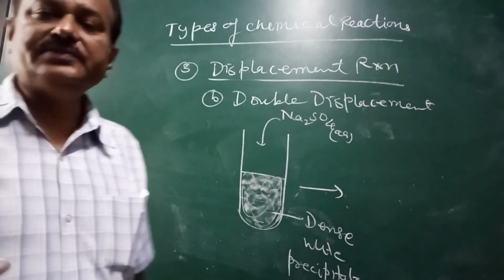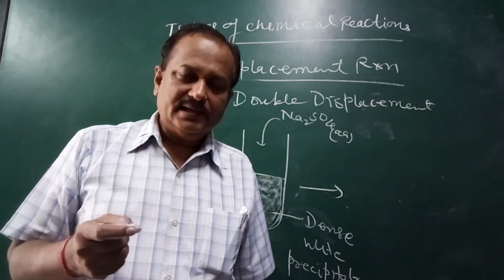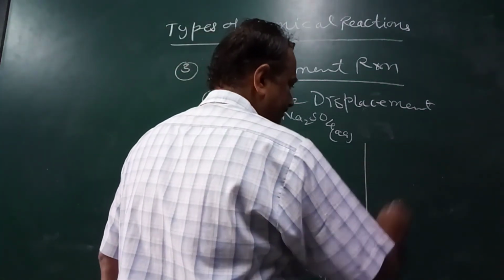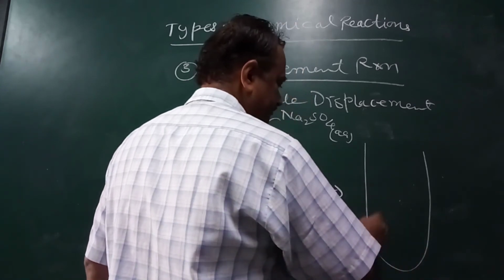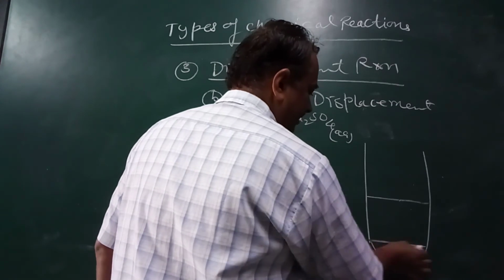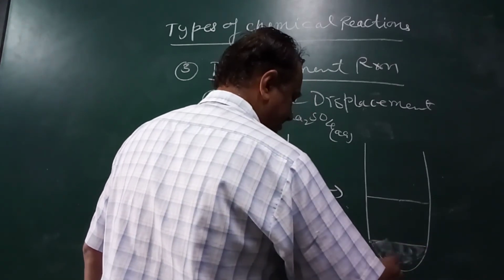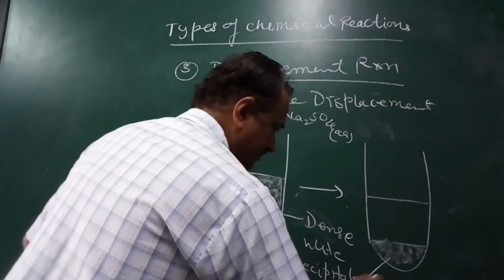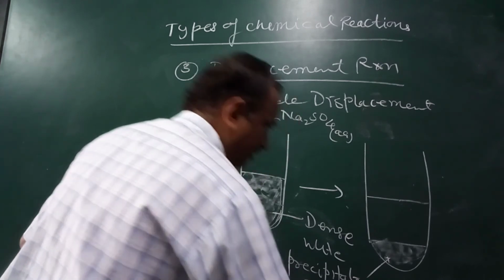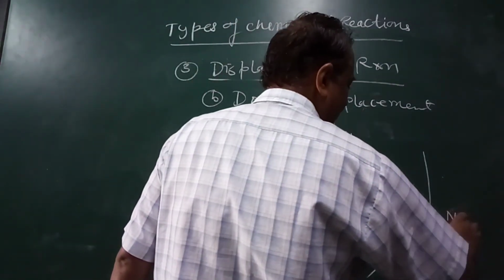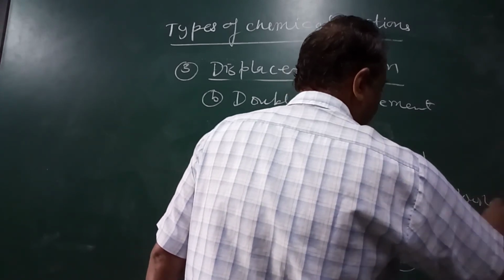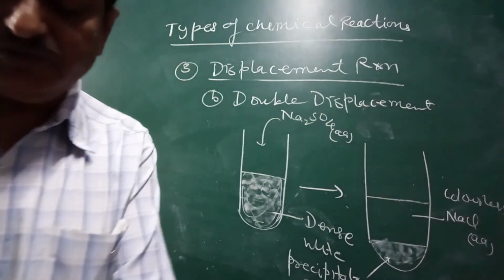Precipitate means any substance having more density that settles down at the bottom. So after some time it will be like this. On the lower portion, there is barium sulfate solid, and this colorless solution is NaCl aqueous. So it is a double displacement reaction.